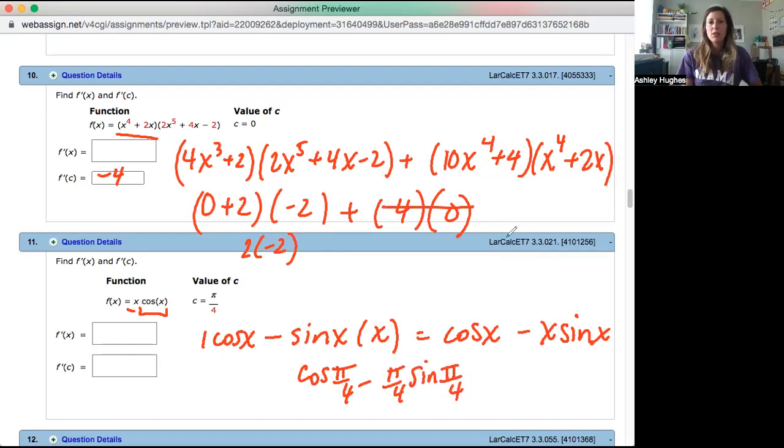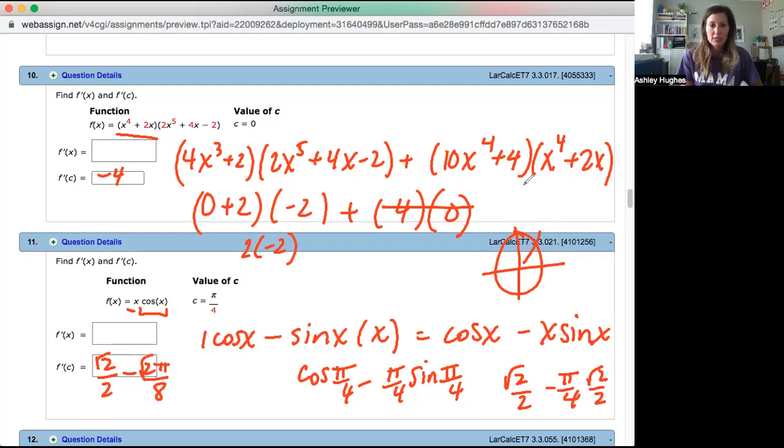So cosine of pi over 4 is root 2 over 2 minus pi over 4 times root 2 over 2. So root 2 over 2 minus root 2 pi over 8.